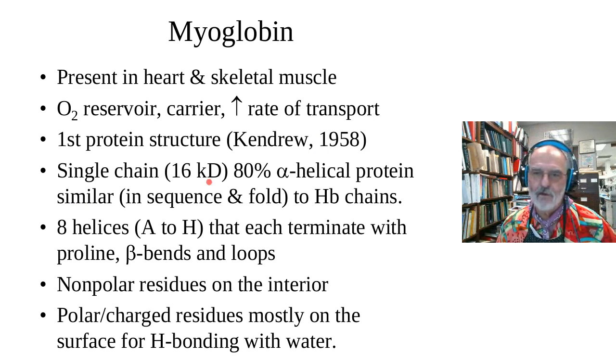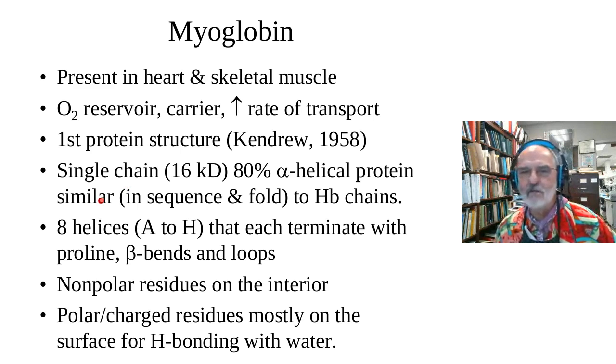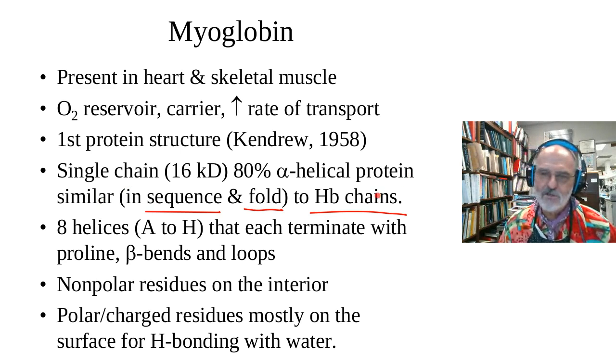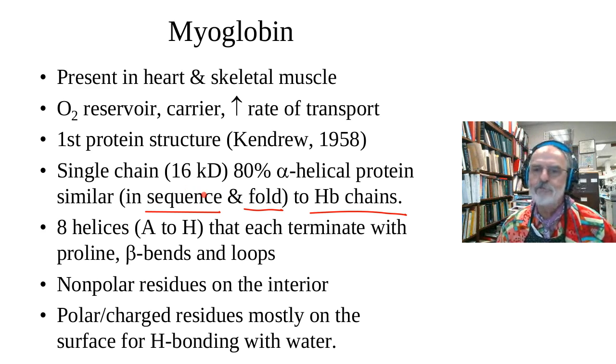John Kendrew and others. It's a single chain, 16,000 molecular weight. It's 80% alpha helical, and it's similar in both sequence and fold to hemoglobin. So remember our discussion the other day that we're going to repeat now on sequence determining fold.